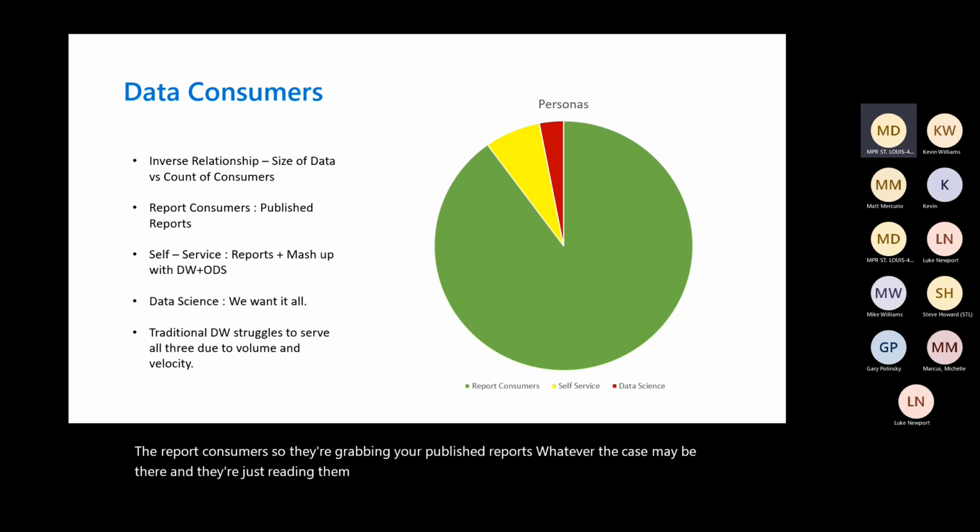They're not doing much with them other than consuming them and deriving some sort of business value. Then you have everyone's favorite topic, self-service BI. They're going to take those reports and may mash them up with a data warehouse and maybe an operational data store. And then your data scientists and data engineers, as I should probably call out as well, they want it all. And the traditional data warehouse really struggles to serve all three.